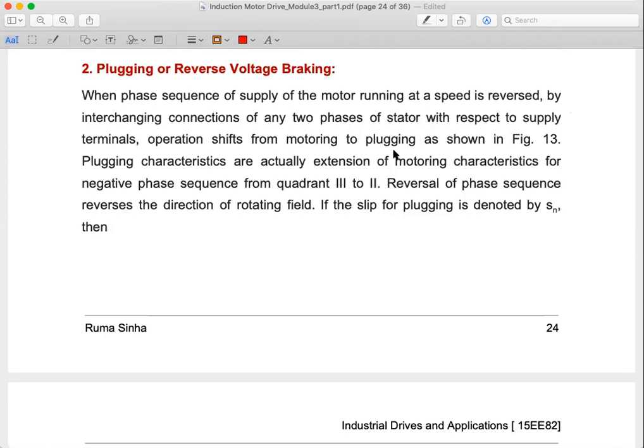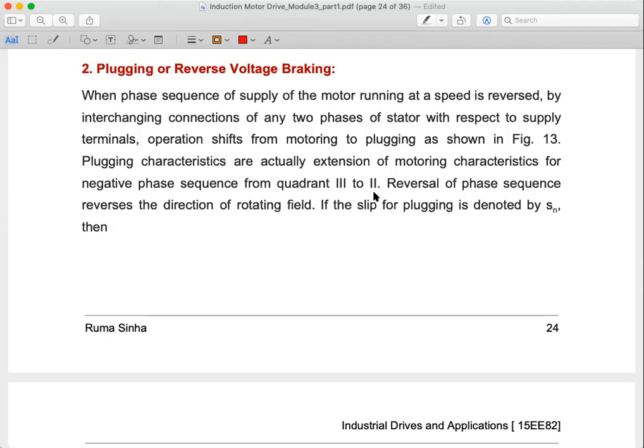But how? Because the phase sequence is changed, we will get the rotating magnetic field rotating in the reverse direction. The rotating magnetic field has the same speed, but it is rotating in the reverse direction because the phase sequence has changed.